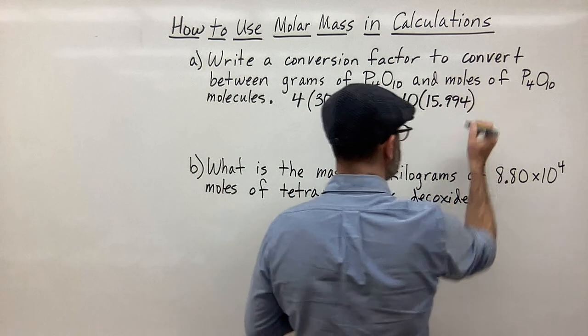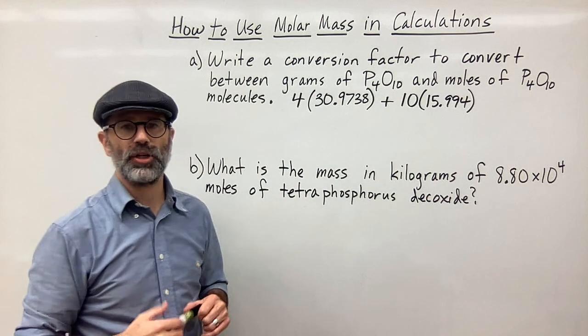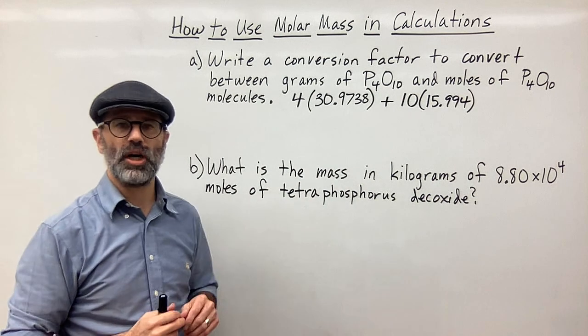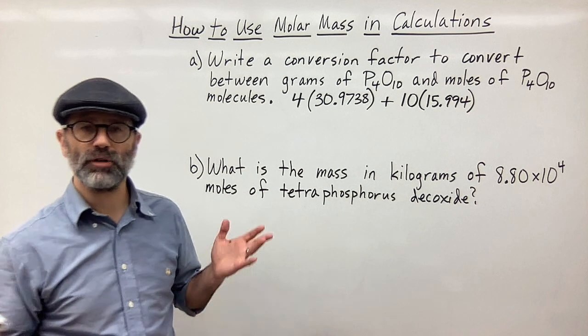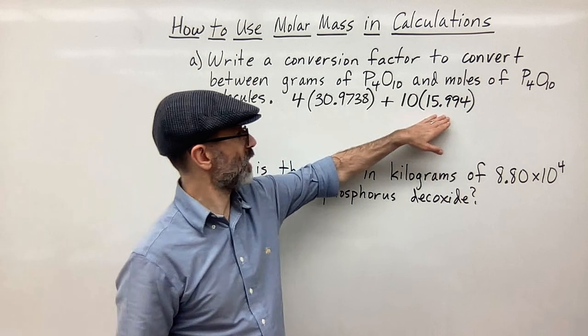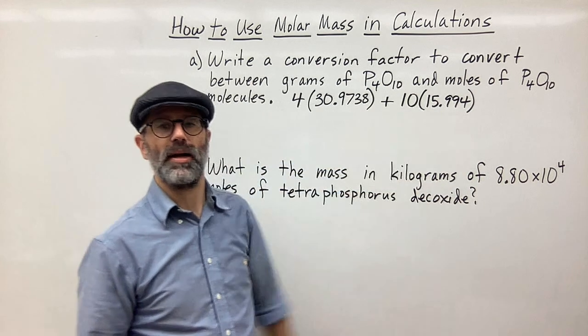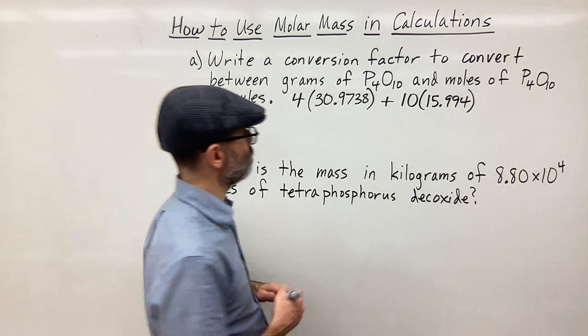Now again, some periodic tables are going to say 16.00. Some are going to say 15.99. It really depends on what table you have. So whatever number your table gives you, just put that number down. Again, it's not going to be that much different from what I'm going to get.